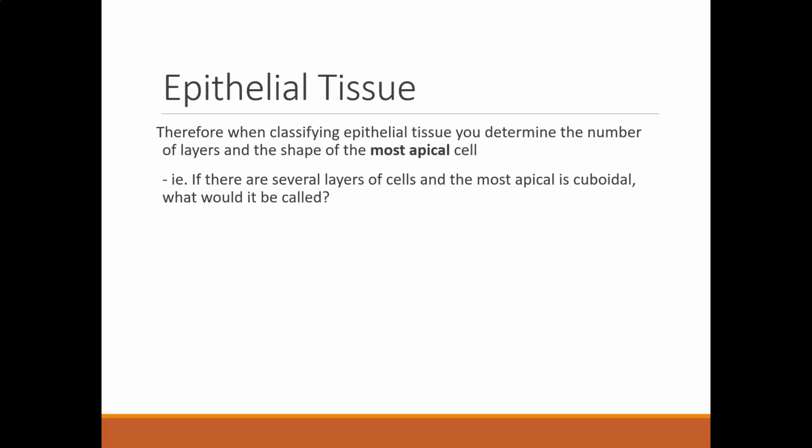Has it got one layer of cells or many layers of cells, simple or stratified? And then what is the shape of the most apical cell? That's what names the tissue. So my question is here, if there are several layers of cells and the most apical cell is cuboidal, what would we call this epithelial tissue? Several layers, and the most apical cell is cuboidal. It would be known as stratified cuboidal epithelium.